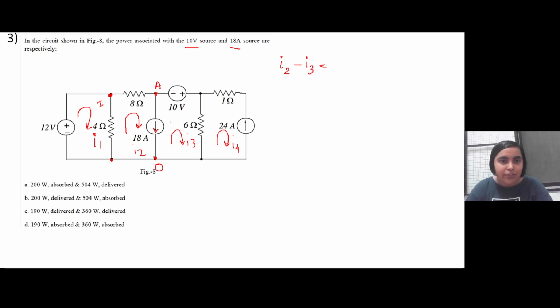But this has to be equal to the total branch current, right? Otherwise, the KCL will not be applicable. So this has to be equal to 18. This is one of the equations. The second assumption you can make is I4. I4 will also flow through this particular branch, but in the question 24 ampere is given in the reverse direction. So I4 will be equal to minus 24 ampere, right?